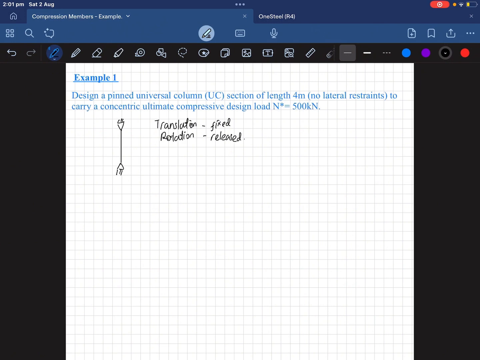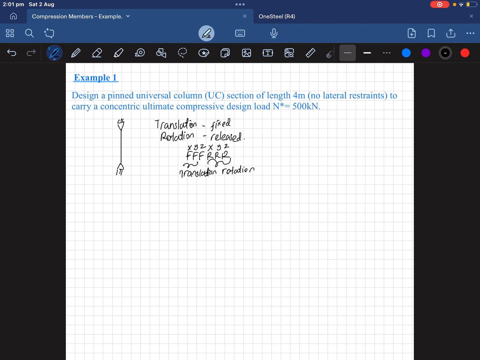The way we denote this is we can say F, F, F, and then R, R, R, where the first three terms cover translation, and then the next three are about rotation. So this is translation along X, Y, and Z, and these are all fixed, but rotation about X, Y, and Z are all released. So that's that first term.